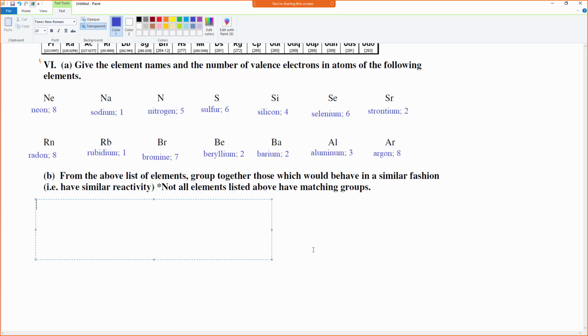Rubidium and sodium. Yep, those both have 1. Neon and radon. Excellent. There's one more that can fit in that category. Argon. Yeah. What else?